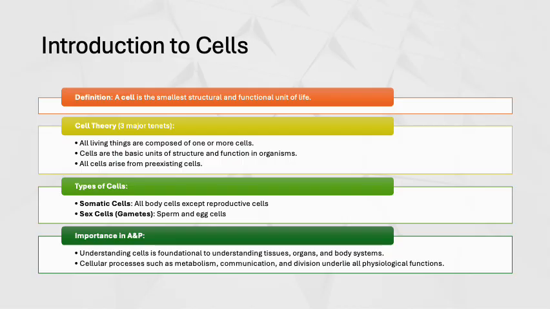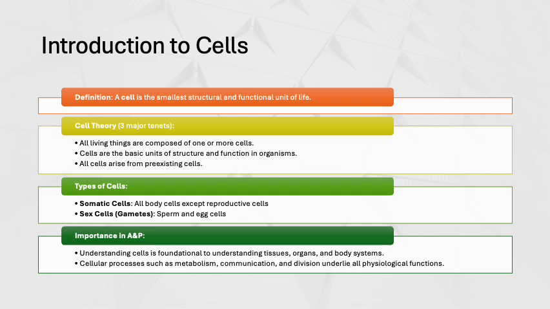The cell is defined as the smallest structural and functional unit of life, meaning it is the simplest level at which life exists. All living organisms, whether simple or complex, are made up of one or more cells. This idea comes from cell theory, which tells us that cells are the basic unit of structure and function in all organisms, and that new cells arise only from pre-existing cells through division.